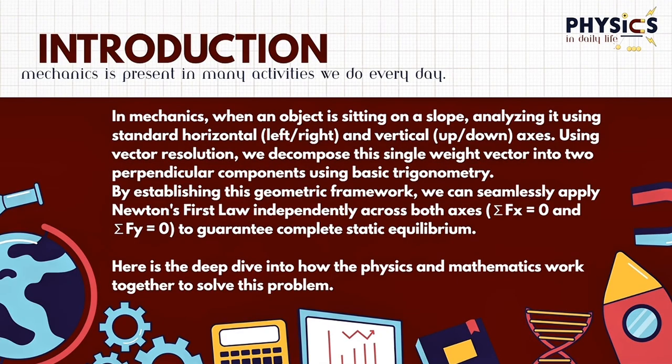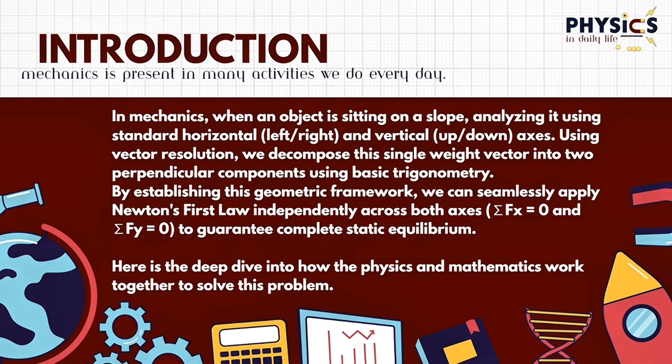When an object is resting on a slope, it is difficult to analyze the forces using the normal horizontal and vertical directions alone. Therefore, we use vector resolution to split the object's weight into two perpendicular components using basic trigonometry. One component acts parallel to the slope, while the other acts perpendicular to the slope.